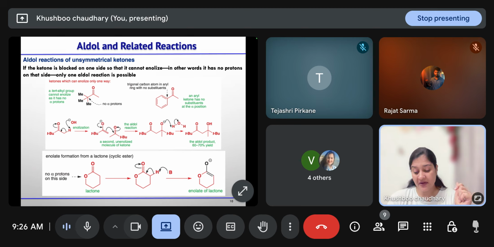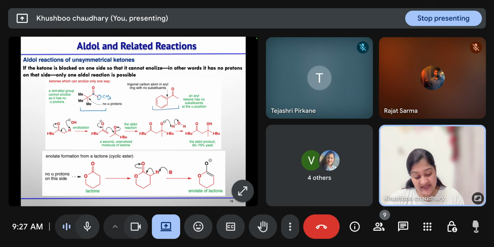Now let us discuss aldol reactions of unsymmetrical ketones, those ketones where only one site is enolizable and the other site is blocked. Maybe it is a tertiary carbon, or some other groups are present that cannot be enolized. One such example is where your ketone, on one side, is CH3 and on the other side is a tertiary group that cannot be enolized because no protons are there.